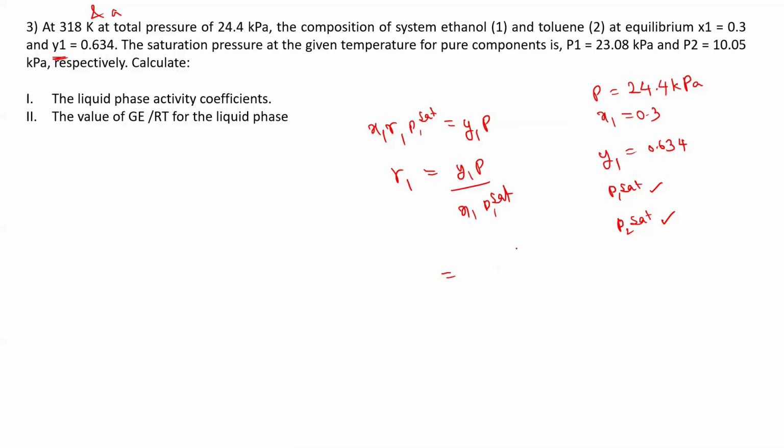Now, gamma is not known. 0.634 into 24.4 by x1, which is 0.3, into P1 sat, which is 23.08. And this will be giving us gamma 1 is equal to 2.23. And similarly, gamma 2 equals 1.26.